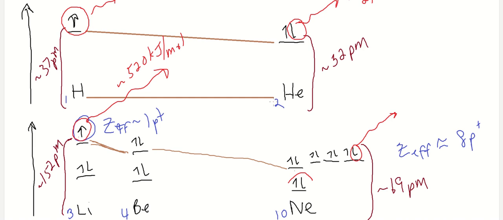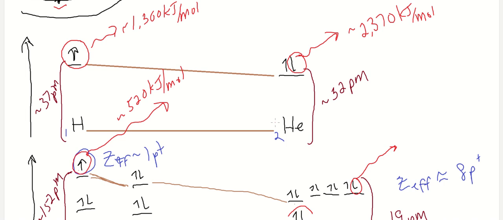It's going to take more energy than lithium because they're much closer to what they're attracted to, and they're each feeling a much greater effective nuclear charge. But it's going to be less than helium because helium's electrons are even closer to the nucleus, and they're not being shielded at all. So it's going to be about 2,000. Let me actually look this up. All right, 2,080 kilojoules per mole. Pretty close, but a little less.